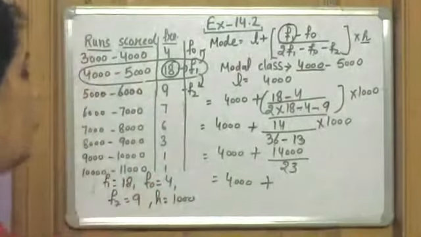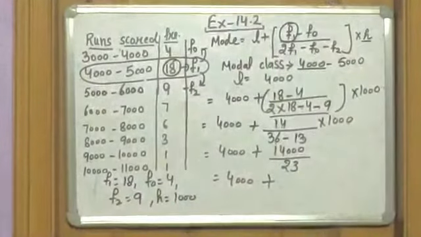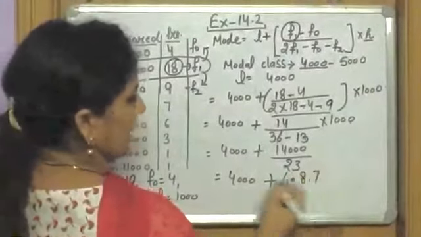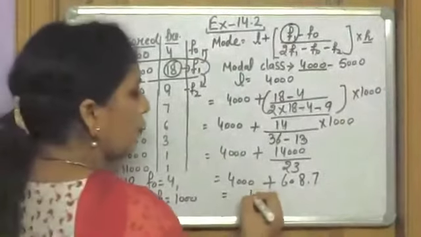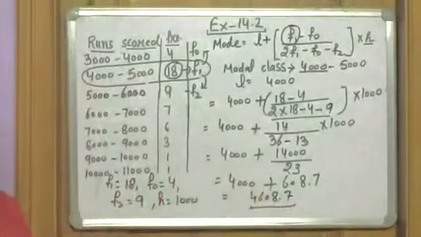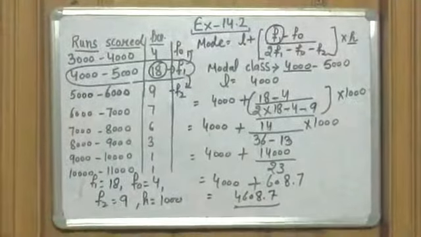Now solve 14,000 divided by 23, then we get in decimal form 608.7. So our final answer will be 4608.7. This is the mode of this question. So now let's do one more question.